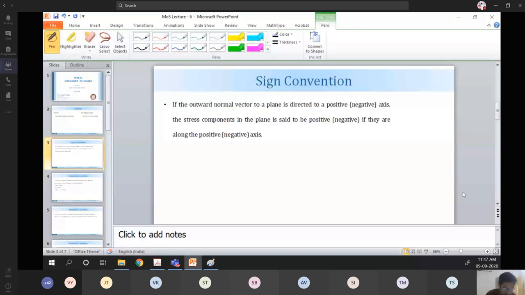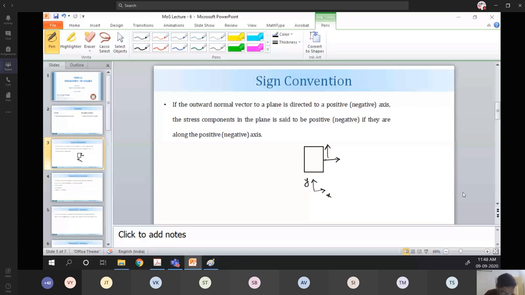So what does it mean? Suppose I am having a cross section like this. This is my x-axis, this is my y-axis, and this is one force, this is another force. If the outward normal vector to a plane is directed to a positive axis, so this is the outward normal vector, it is directed to the positive x-axis.